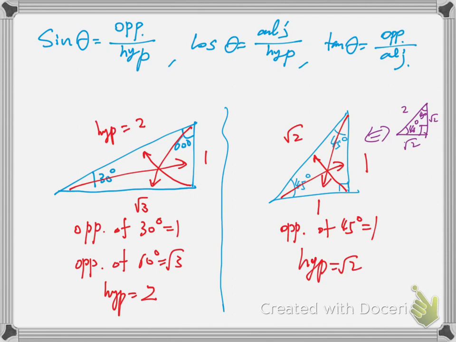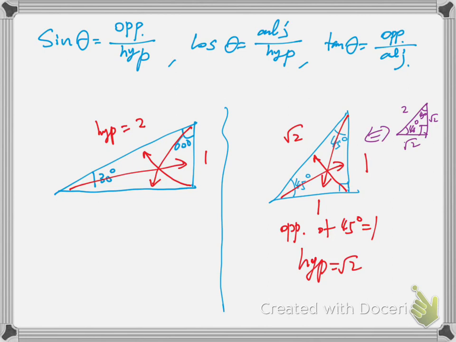Now let's look at these two triangles. Let's see what sine 30 and cosine 30 are for the 30-degree angle. If theta is 30, then this number 1 is definitely the opposite side.